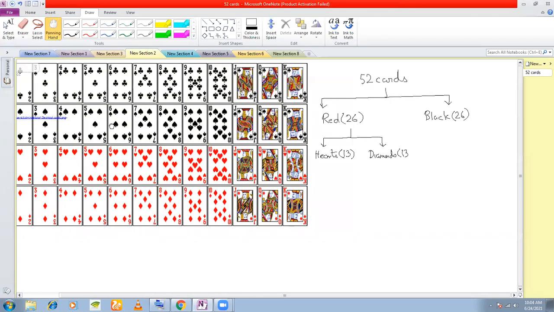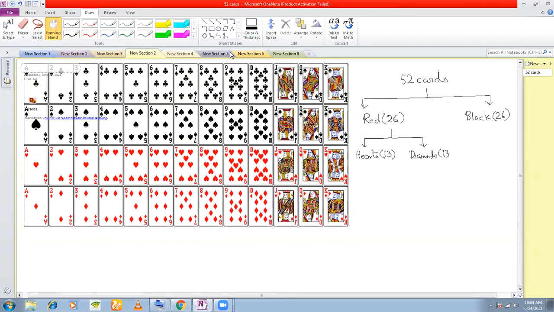Okay. Next, we come to the black cards. The first two rows are all black cards. Now, what are these black cards? If you see, the black cards are the symbols. For the first symbol here, all these symbols here, this is a club.